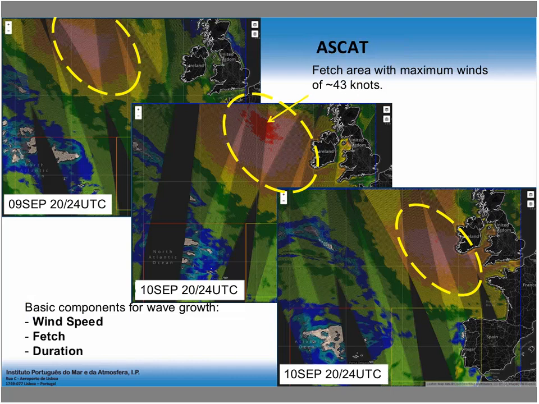We have strong gale here, so this fetch area, as you can see here, it's 9 September, between 20 and 24 UTC, and as we go along in time periods, the fetch area is moving with the wind, and we have this area approximating to the Bay of Biscay, where the waves will be higher than usual.